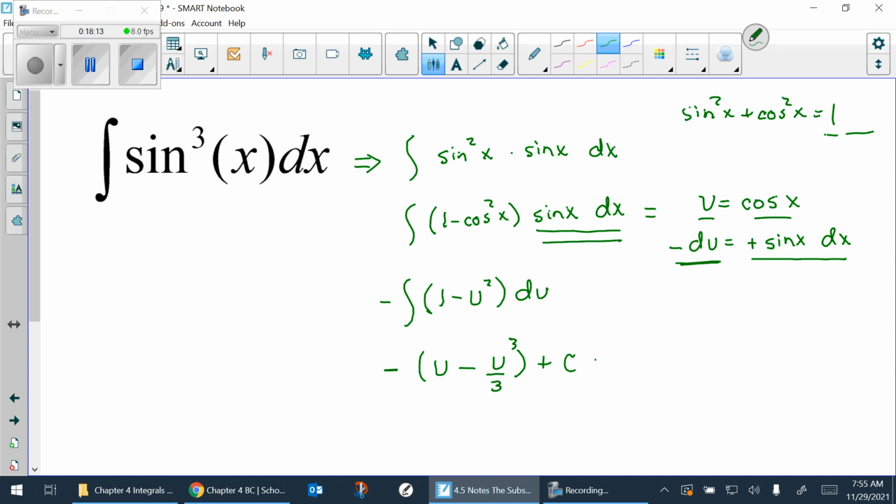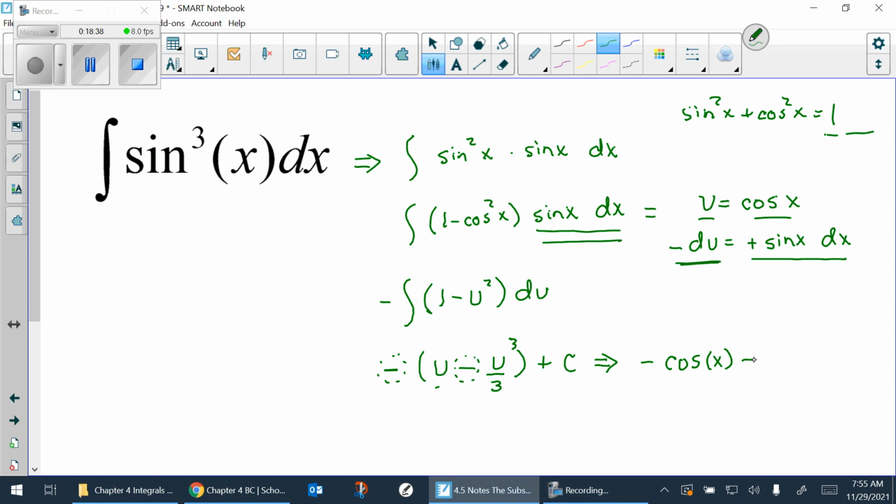And so my final answer, putting the starters back in the game, is the opposite of, now instead of a u, I'm going to write cosine of x. I'm taking the opposite of this subtraction.